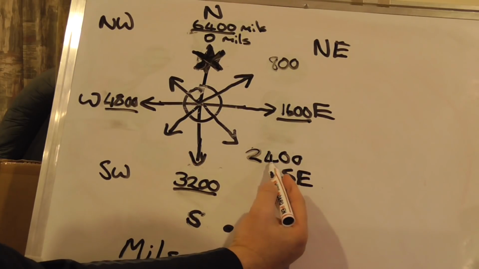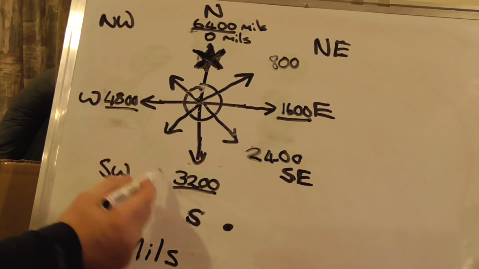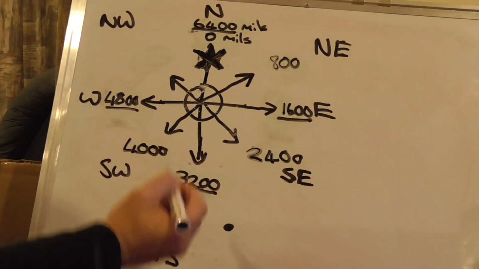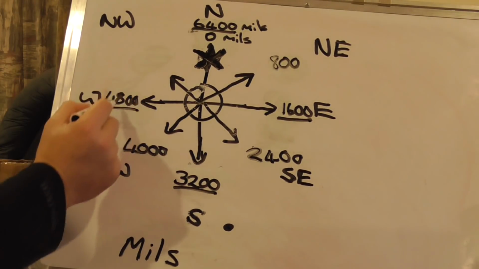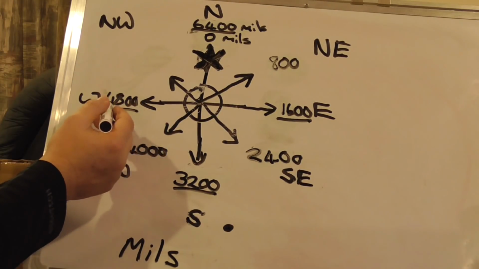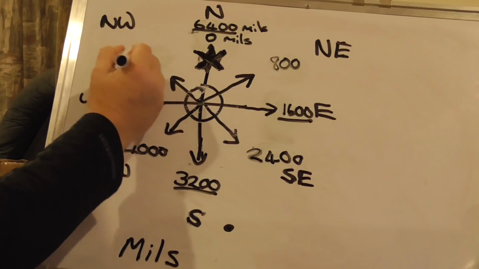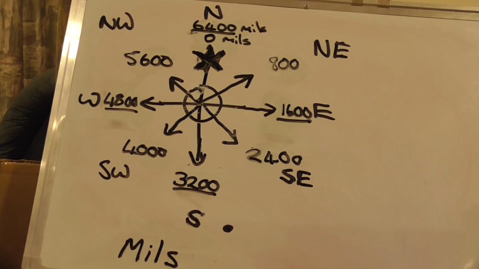To confirm that, another 800 would be 3,200, and another 800 there would be 4,000 mils. Might as well do southwest, and another 800 mils on top of that would be 5600. Okay, so that's how we do the mils system.